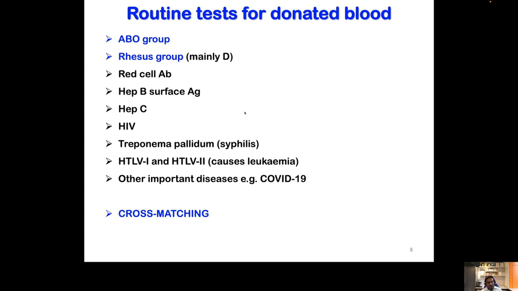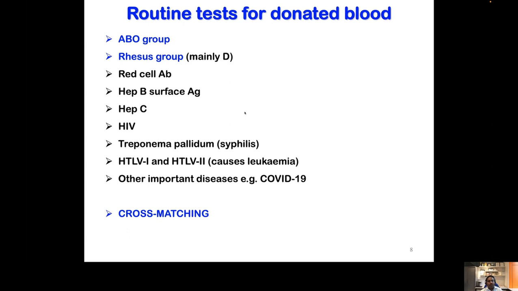And then they will identify any antibodies produced specifically against red cells, or any other notable diseases. For example, hepatitis B, it's really important, hepatitis C, HIV and Treponema or syphilis, or other diseases such as those causing leukemia. And these days, obviously, COVID-19. So it's really important to screen for all these major risk factors and do blood grouping prior to transfusion.